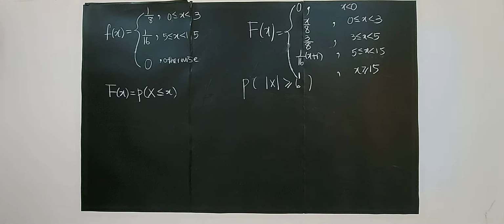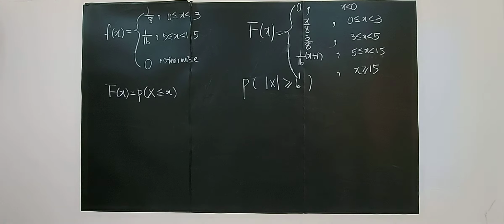If you have something like this, you can rewrite it as X greater than or equal to a, or X less than or equal to negative a. Sorry, I think I'm going to modify this: the probability of modulus of X minus 4 greater than or equal to 6.